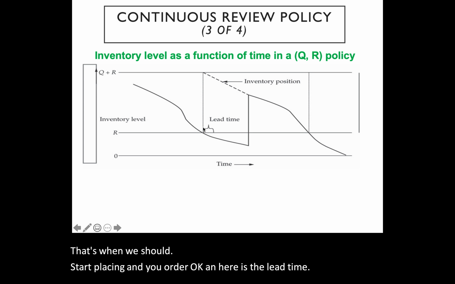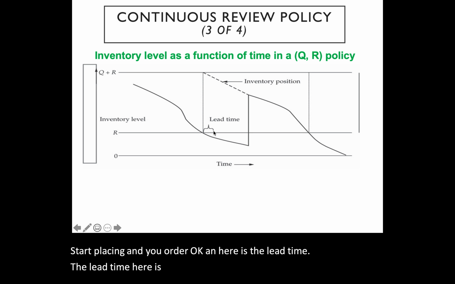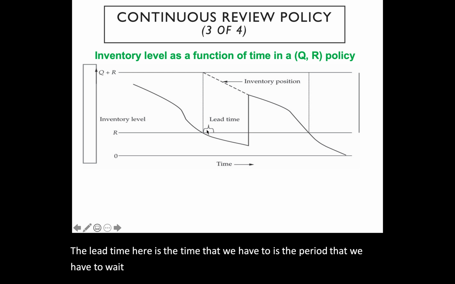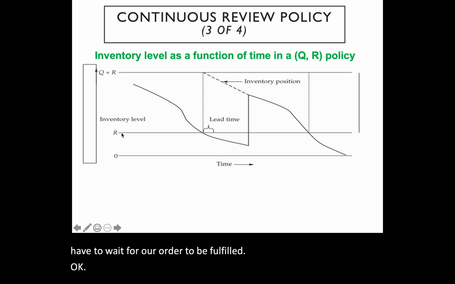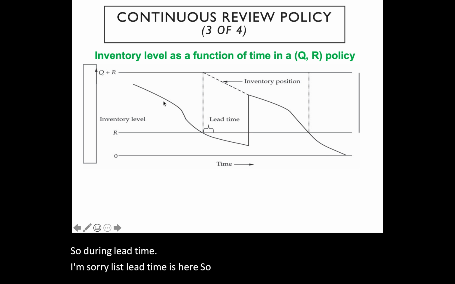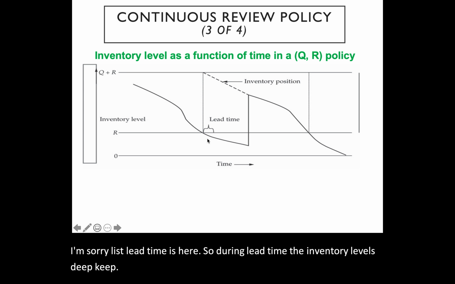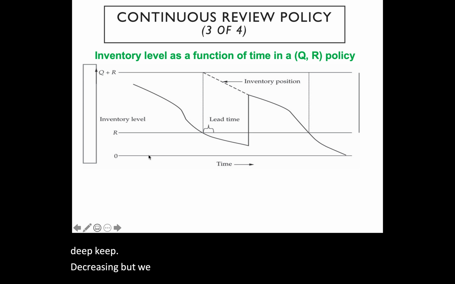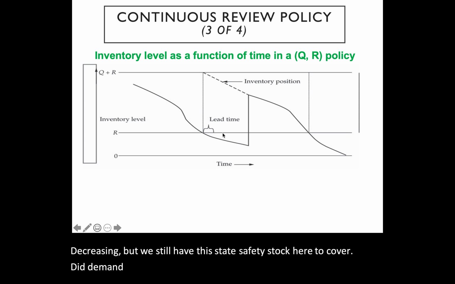The lead time here is the period that we have to wait for our order to be fulfilled. So during lead time, the inventory level keeps decreasing, but we still have the safety stock here to cover the demand during lead time, right?